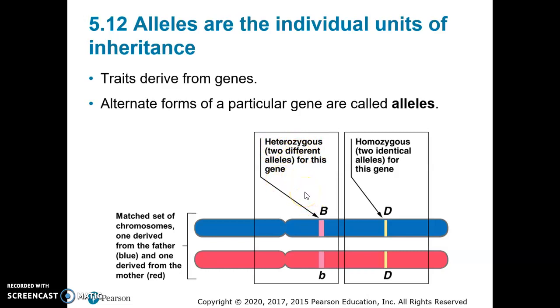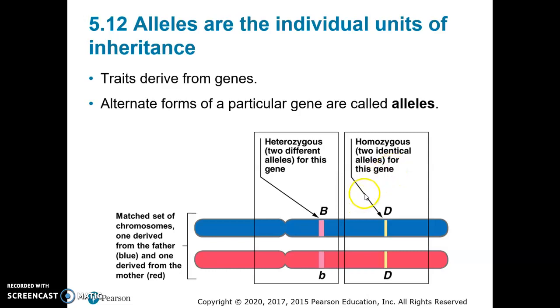So an individual who has two different forms of the allele is called heterozygous. If you have two identical forms, so maybe over here this D represents your hair color and this is brown hair, and so here's brown hair. If you have two of the same forms of the allele, you're termed homozygous.